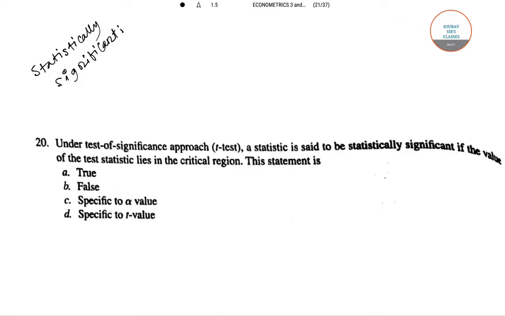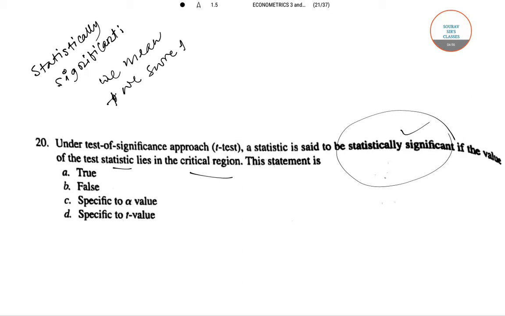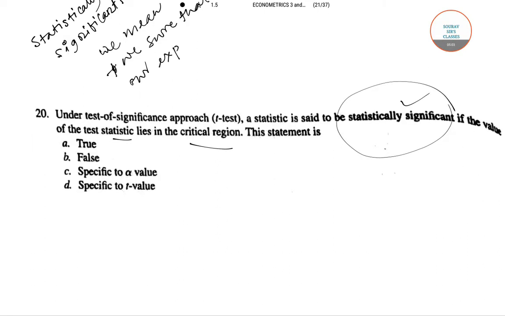The next question is, under the t-test, a statistic is said to be statistically significant if the value of the t-statistic falls in the critical region. So, what do we mean by statistically significant? By statistically significant, we mean that we are sure that our experiment is not wrong.